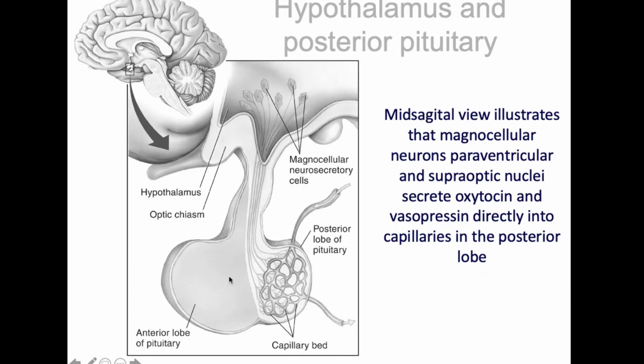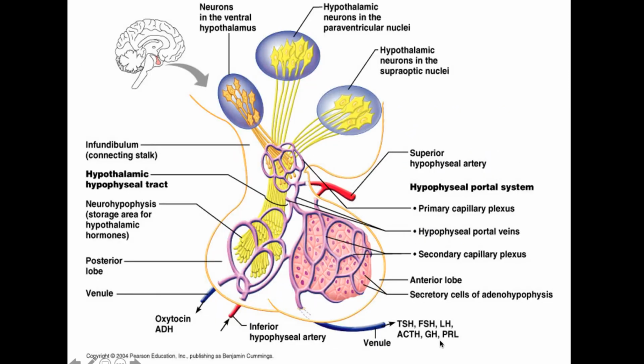And in this picture, you can see here is the anterior pituitary, here's the posterior pituitary, and then above this is the hypothalamus, and then this is connected to the anterior pituitary, which we'll talk about in just a second. And so you can see it a little bit better here, although it's backward in this picture. This is the anterior pituitary, posterior pituitary.